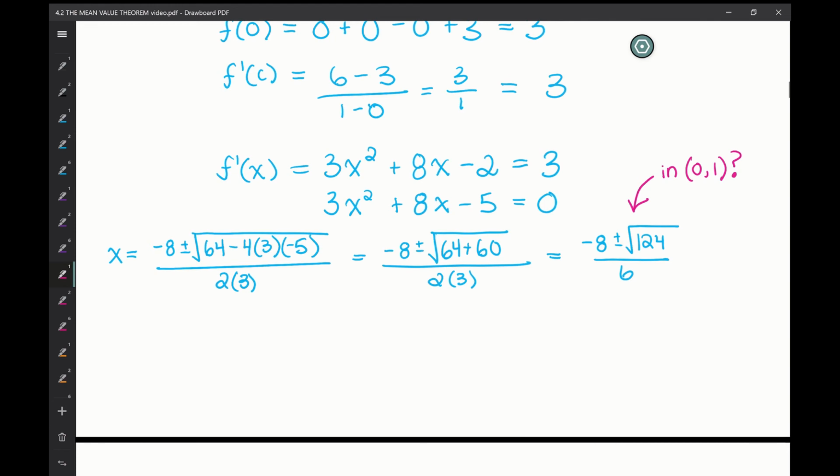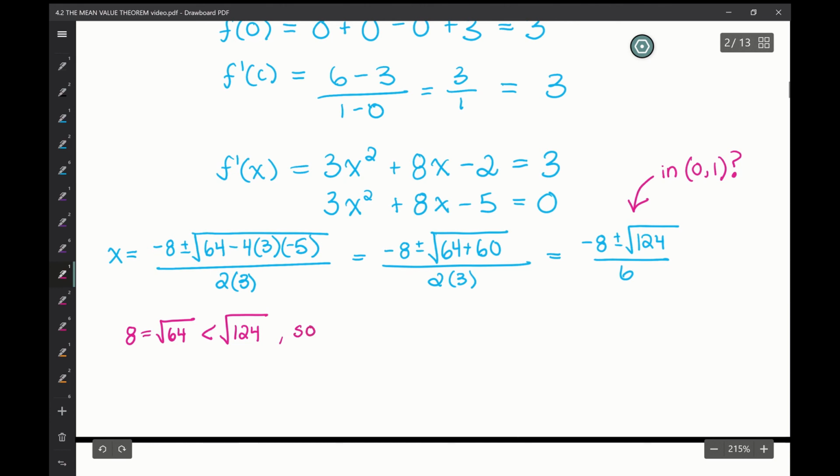One of the easiest things to check is, since we have the 0, we want to make sure that we don't end up with a negative number. So we can just check our numerator to see if we get something negative. So the quick trick for this is that 8 is equal to the square root of 64. And the square root of 64 is less than the square root of 124.